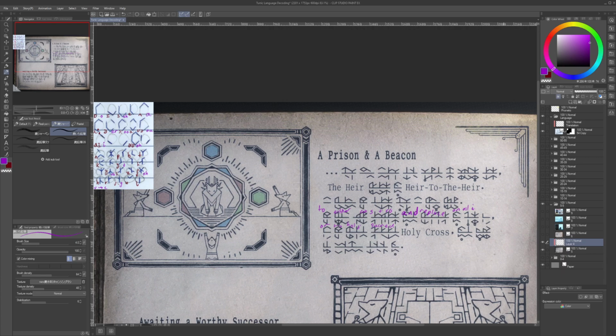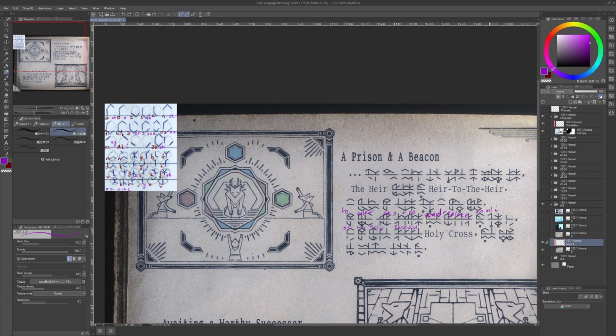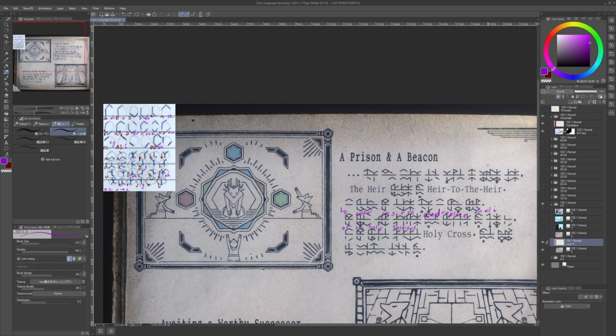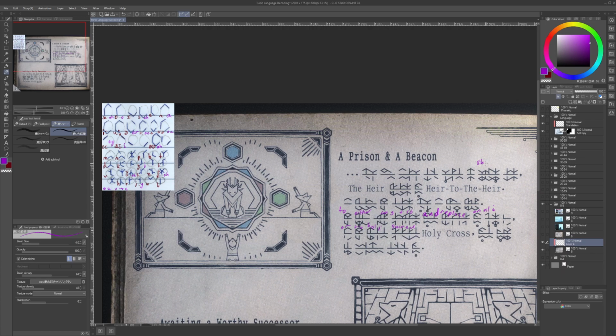Okay, we need to find out what this consonant means. It actually appears quite a few times around here, so what was this? She... Shiva... Oh, maybe it's ing.